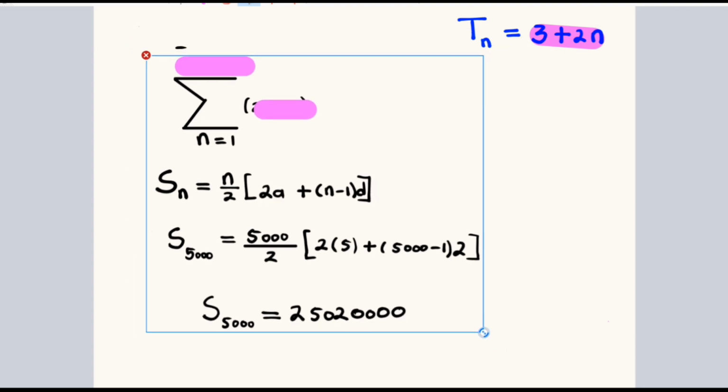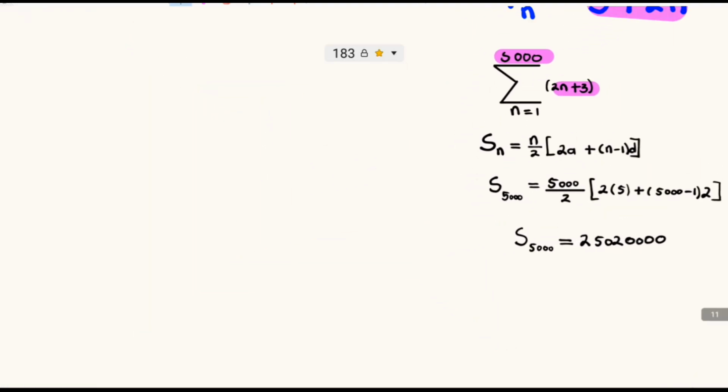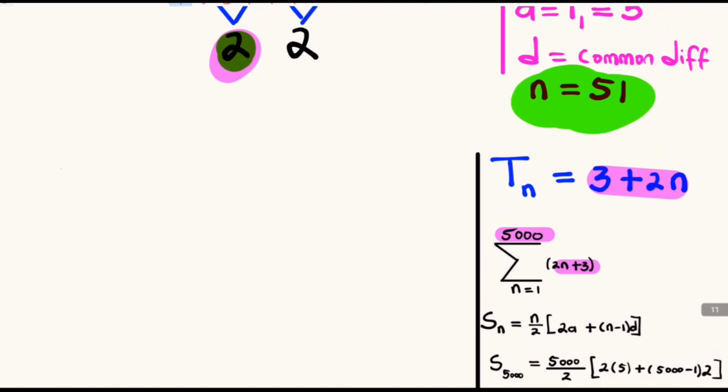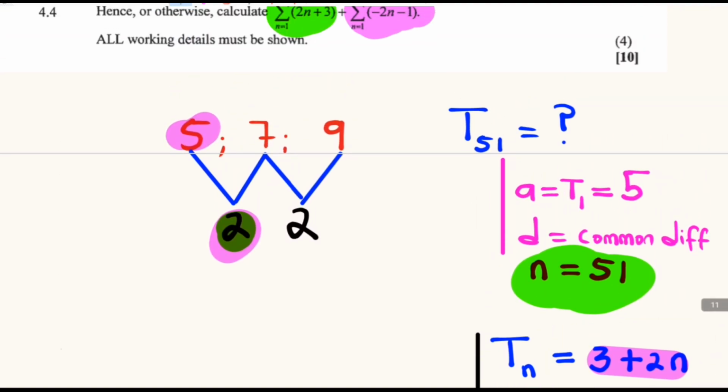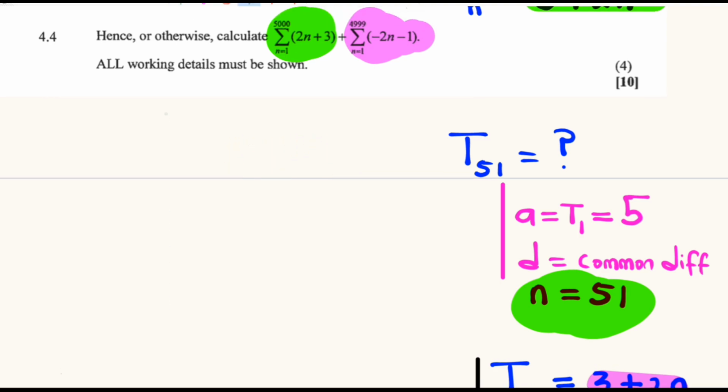Remember that the Tn that we had inside the first summation was equal to the Tn that we determined using the 5, the 7, and the 9. But for the second part, the Tn is completely different. For the second part, we are going to determine the first term, the second, and the third using the Tn which is located inside the summation.